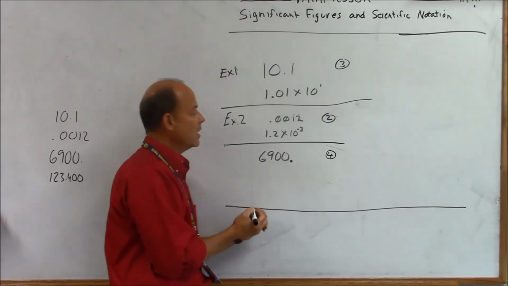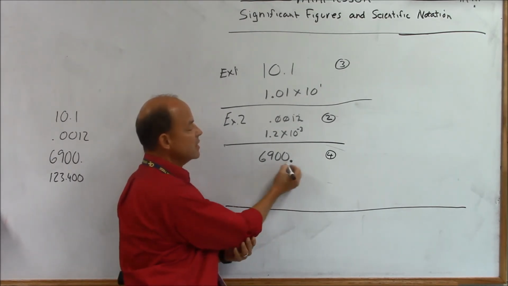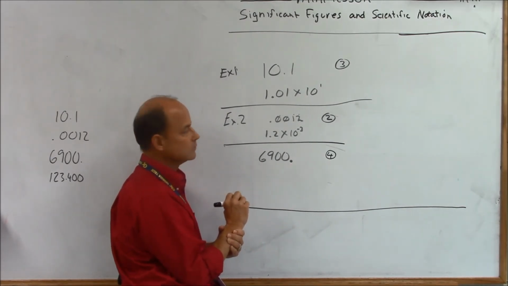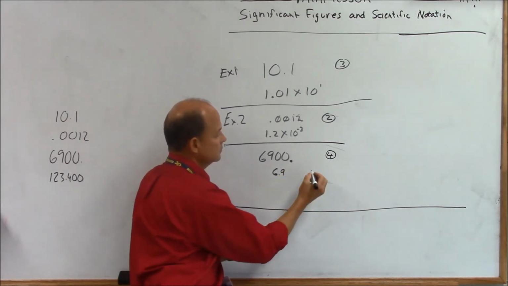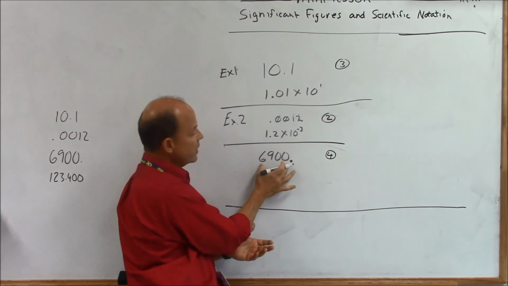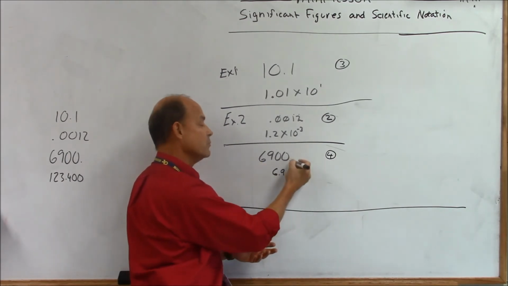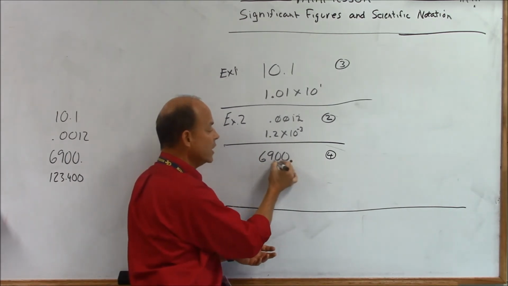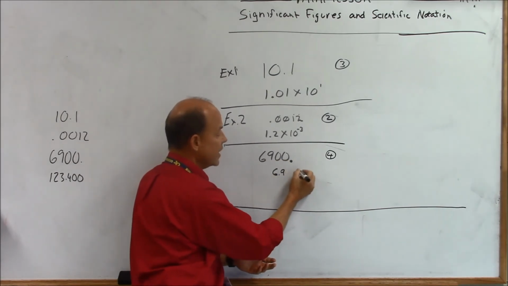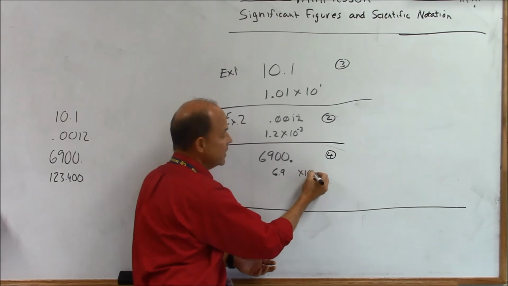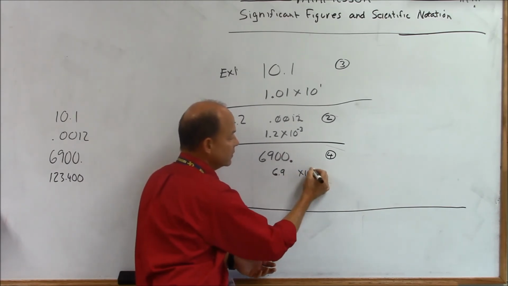All right? Lainey, what is this number in scientific notation? 6.9 times 10 to the 3rd. Okay, so this is a number that's greater than 1, so we're going to have a positive exponent. We're going to move the decimal point over to the left 1, 2, 3 places, because we can only have 1 digit to the left of the decimal. So that is 6.9 times 10 to the 3.